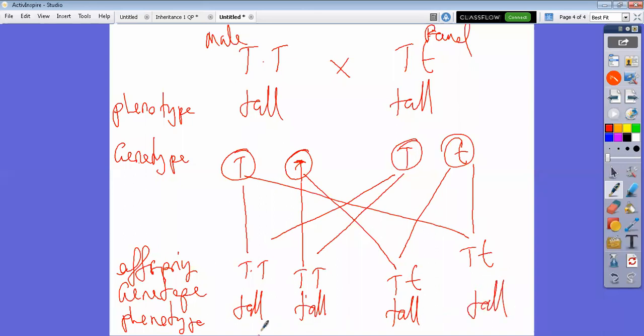So it means you are producing 100% what? 100% tall. Can I write that example there? Are we together? 100% tall. Is that making sense? I hope it's becoming clear now. Now, let's look at another example.